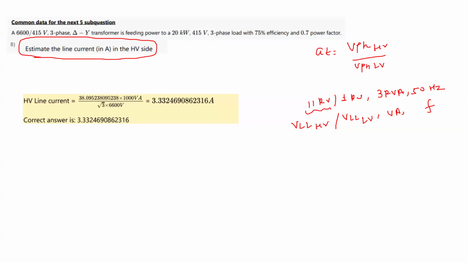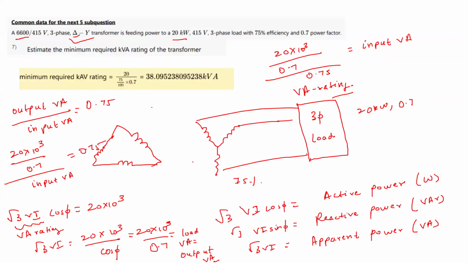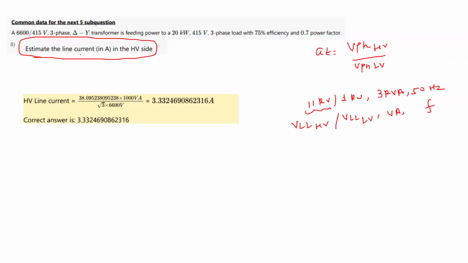So here what we have to do is estimate the line current on the HV side. Now remember, we have already calculated the VA rating of the transformer. After doing all this, we have gotten the kVA rating of the transformer. Now we need to calculate the line current on the HV side. So you remember what is S on the HV side?